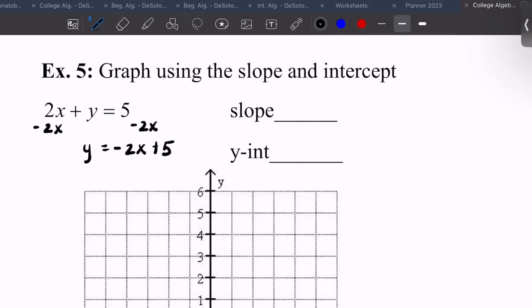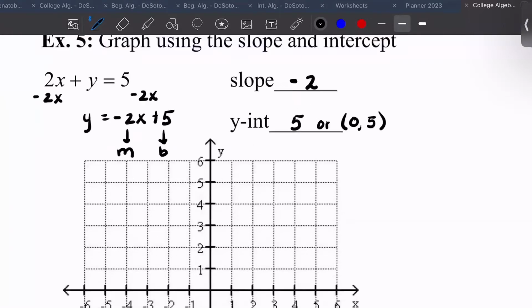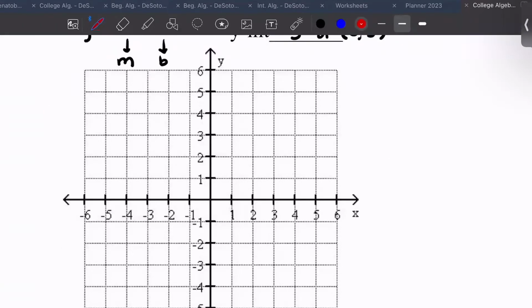So our m is here, our b is here. Our slope is negative 2, our b is 5. So that means that we're going to plot the point (0, 5), which is right here.